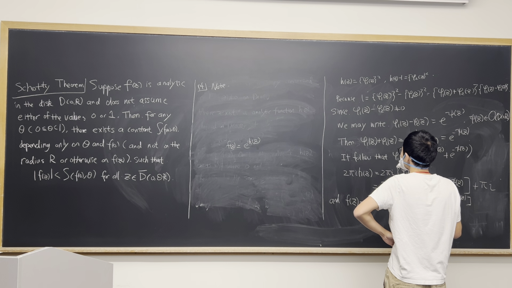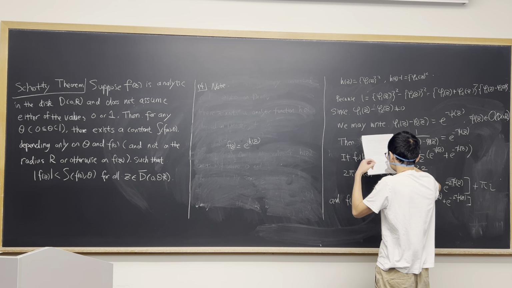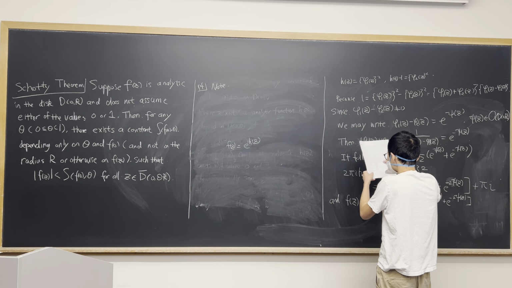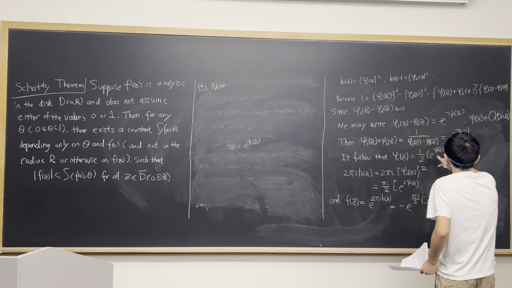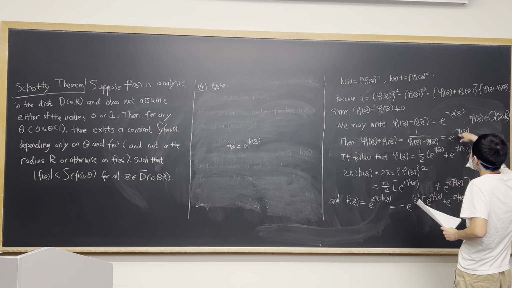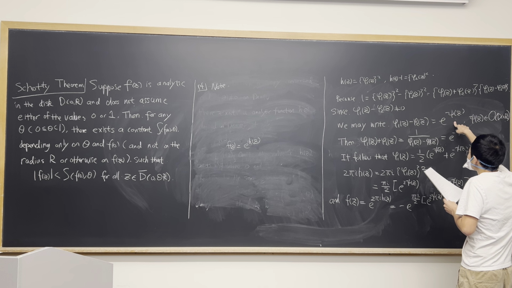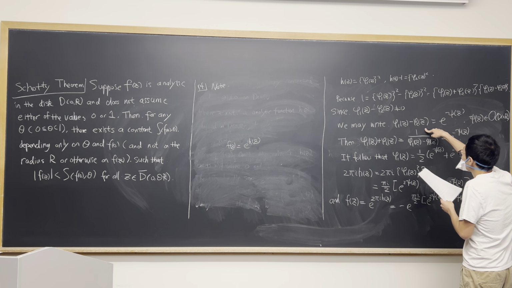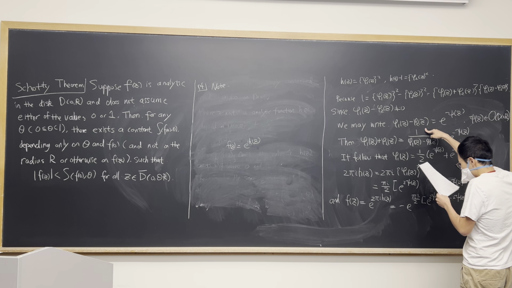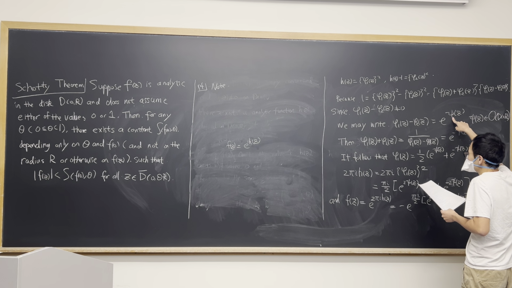And finally, this psi is also defined by the difference between phi 1(z) and phi 2(z), up to an integer multiple of 2 pi i.